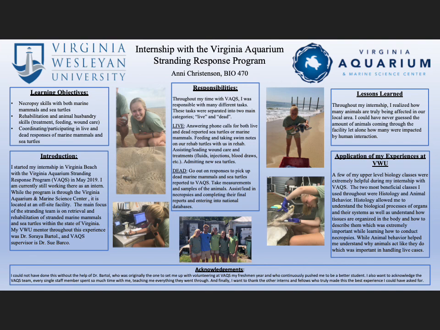She's got her categories in clearly defined boxes so we can find out what she was asked to do in this job, what she hoped to learn, and what lessons she did learn. We can see what classes at Virginia Wesleyan helped her with this job, and down in the acknowledgments, we can look to see what people helped her acquire this job and helped her with this whole experience.